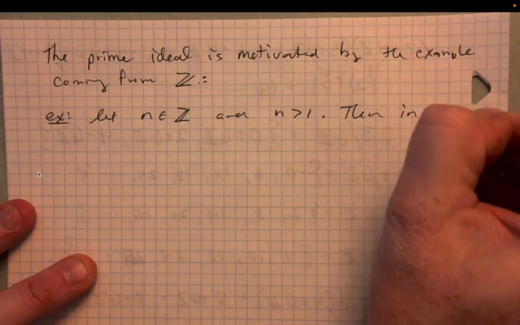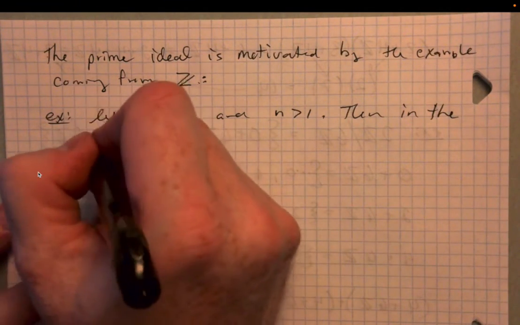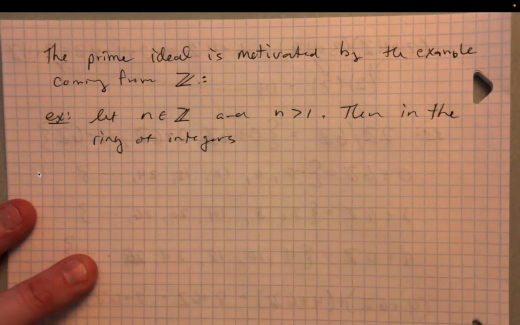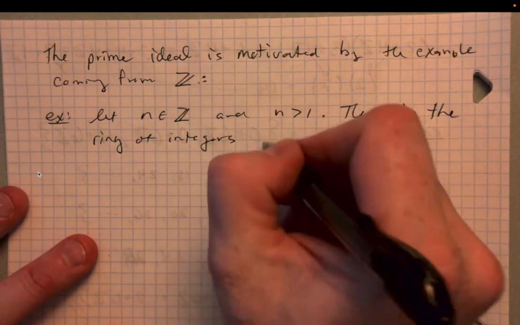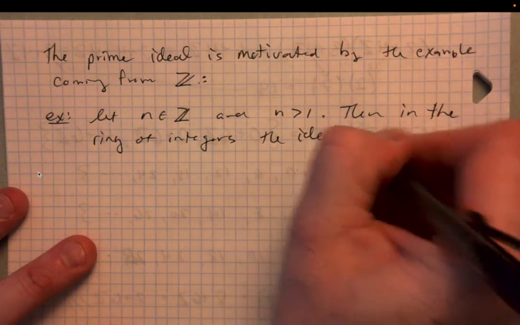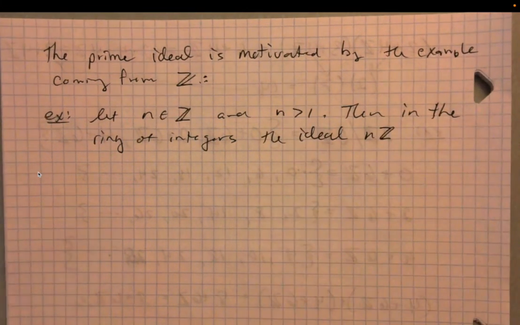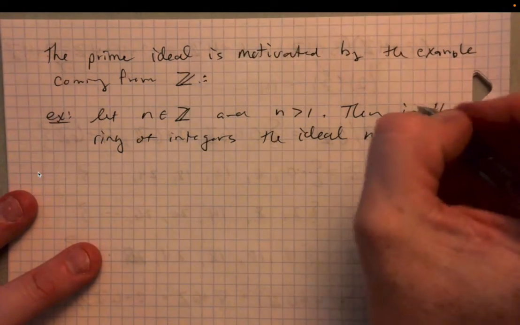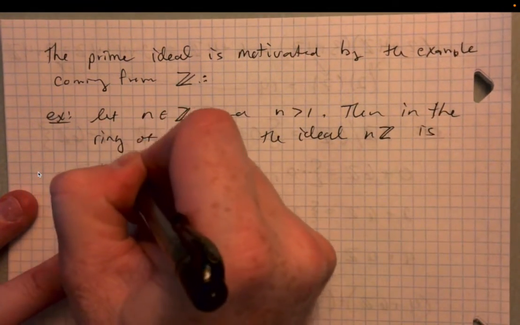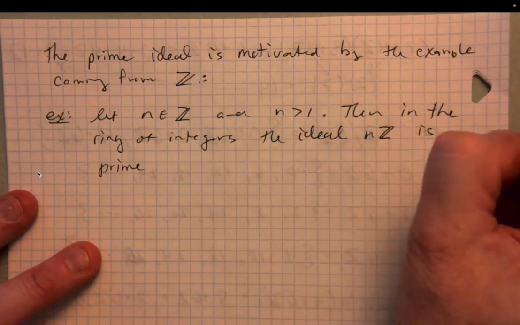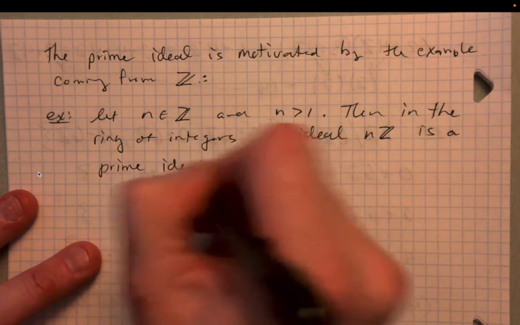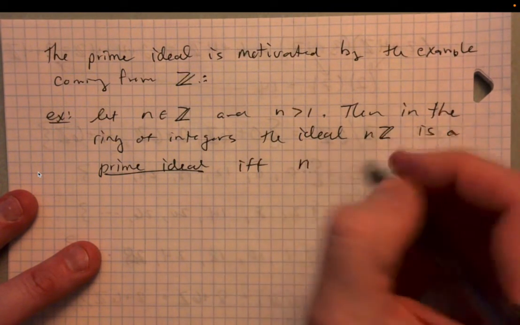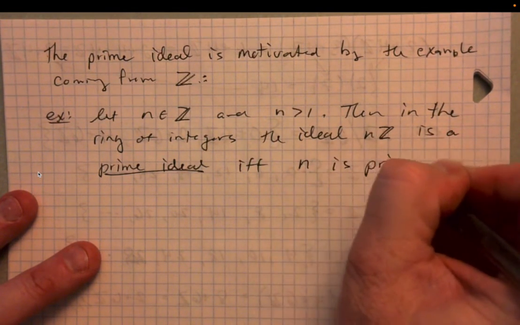Then in the ring of integers, we saw earlier that nZ is an ideal. The ideal nZ is a prime ideal if and only if n is prime.